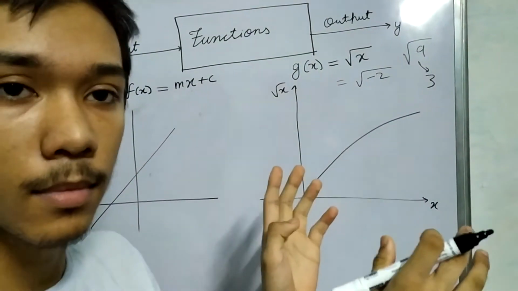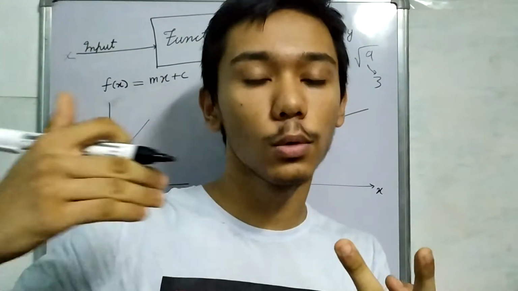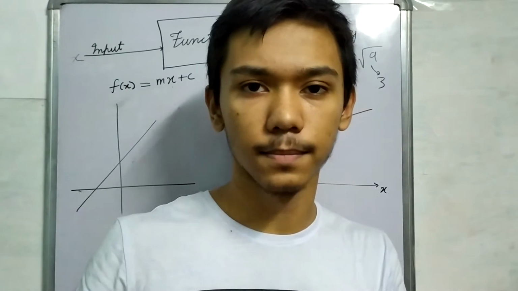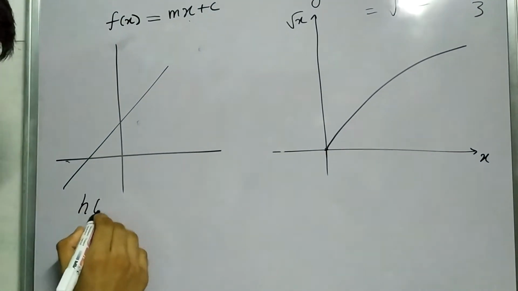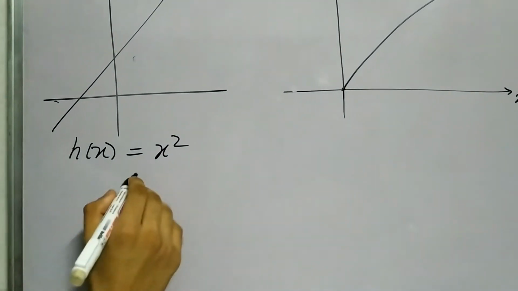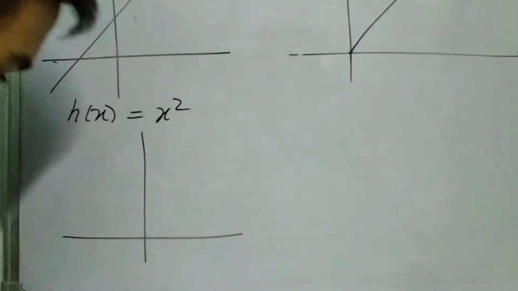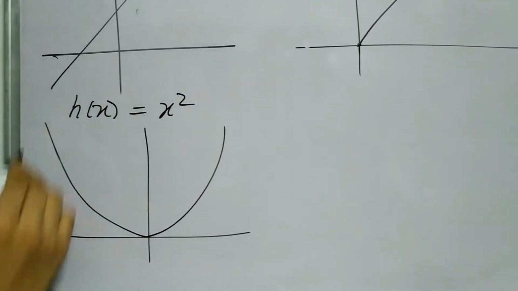That's okay. But one value of y can correspond to two or more values of x. For example, consider h of x as x square. Okay, and you do have an idea what it looks like. It looks something like this.